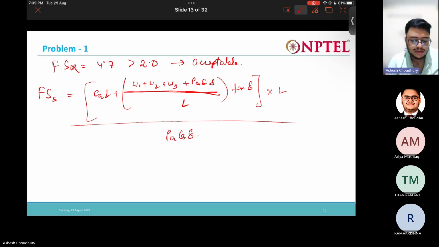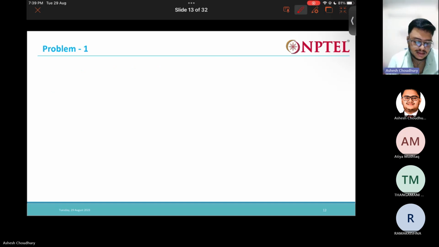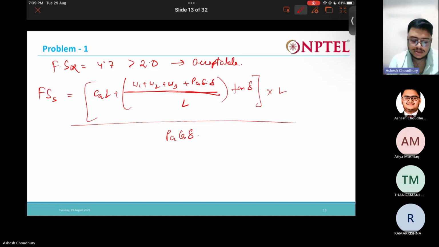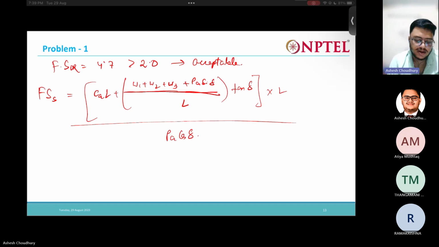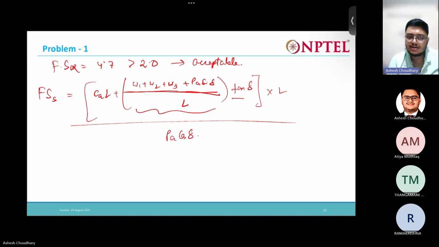W1, W2 are in kilonewton, in load terms, weight by length, where L is the length of the soil block in contact with the foundation soil. Times tan delta gives the horizontal, and CA times L also gives a horizontal. That is the resisting force, and PA cos delta is the driving force.